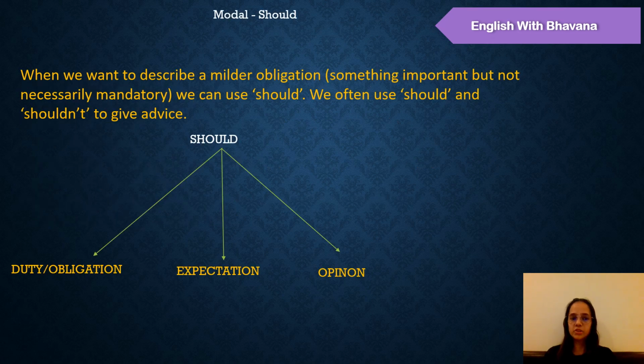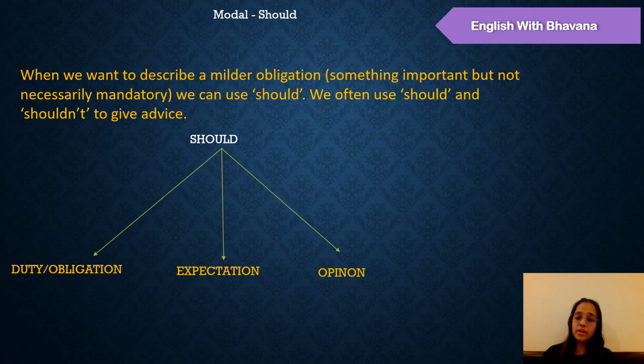Now, modal should. What is modal should? When you want to describe a milder obligation, a little milder, something important but not necessarily mandatory that you have to do. For example, I tell you, you should attend the classes.